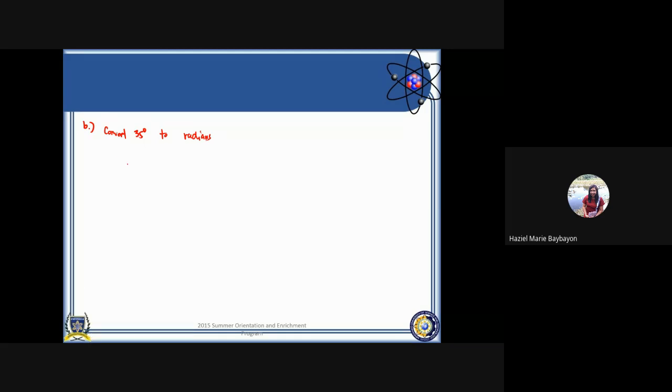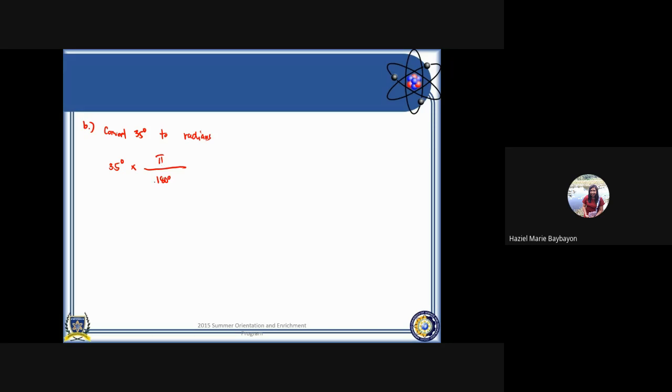So we have here 35 degrees multiplied by the conversion factor that we will use, this one: 180 degrees is equal to pi, or we can also use 2 pi over 360 degrees.